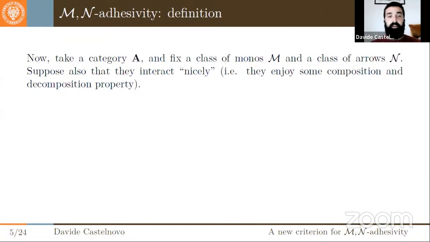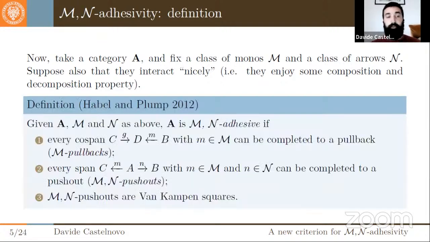So we can take a category A, fix a class M of monos and a class N of arrows. And then we have to ask some technical properties that I will not bother you about, some composition and decomposition properties, like the classes M and N must be closed under composition, etc. And we can give this definition. So we have a category A, M, N as above.